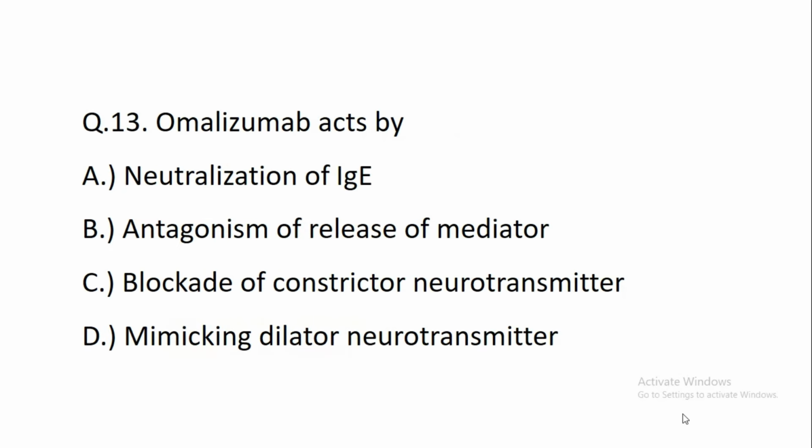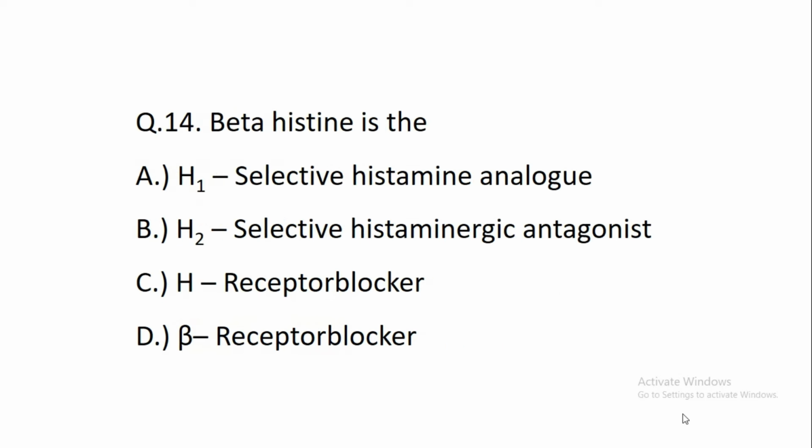Omalizumab acts by A, neutralization of immunoglobulin E; B, antagonism of release of mediators; C, blockade of constrictor neurotransmitter; D, mimicking dilator neurotransmitter. The answer is neutralization of immunoglobulin E.